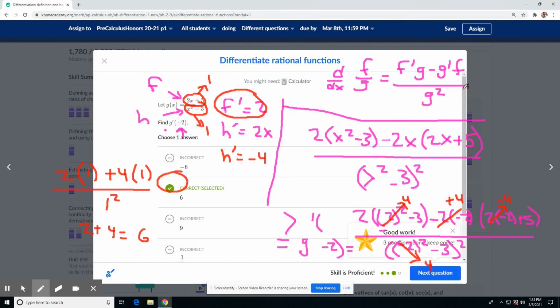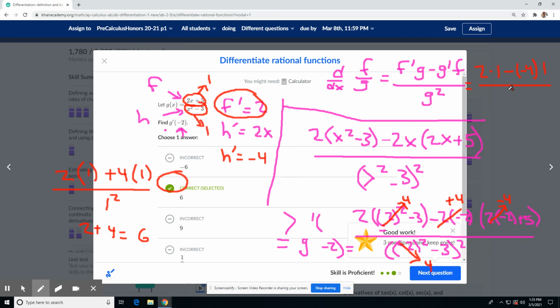Let's look at it the other way: f prime at -2 is 2 times g, the bottom at -2, which is 1, minus the derivative of the bottom, which was my h prime, that was -4, times the top, which turned into 1, all over the bottom squared.